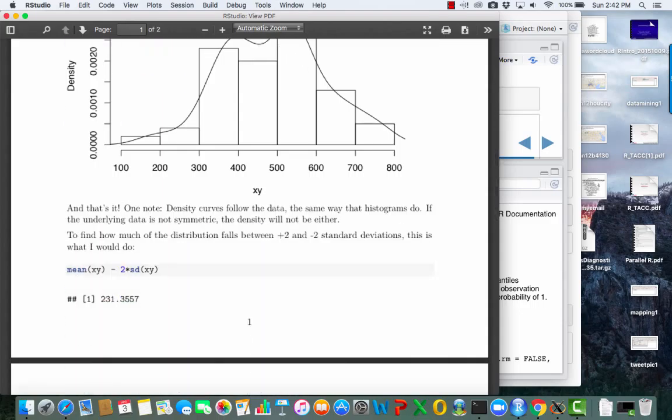Okay? And they talk about the 68, 95, 99 rule. And if you want to do this, if you want to be a slacker like I am and do it by hand, on this data set, if I wanted to find out how much was between plus and minus 2 standard deviations, what I would do is put in the mean of the data set minus 2 standard deviations, and I would get the lower value, the 231.